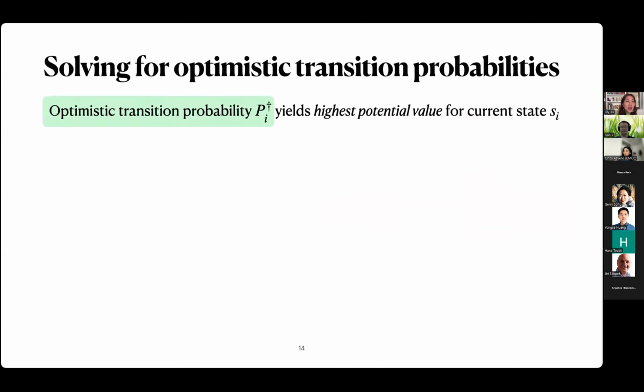And the approach that we introduce for solving for this notion of optimistic transition probability comes from mathematical programming.